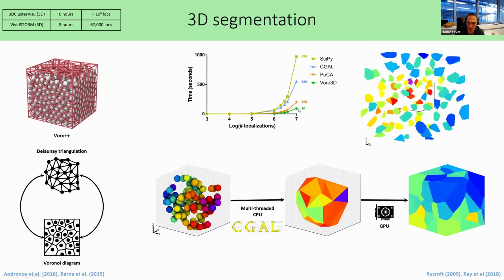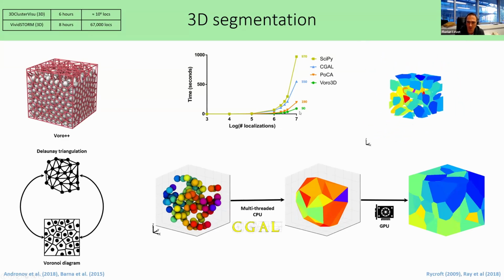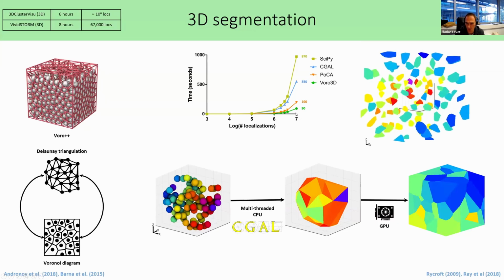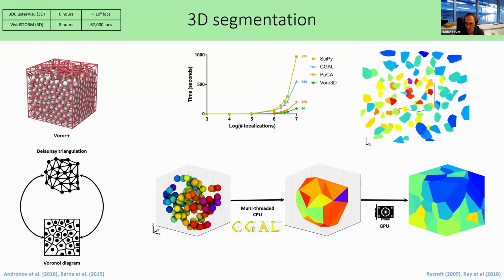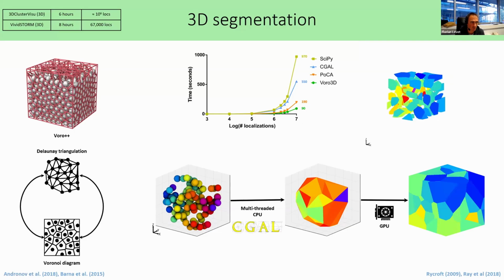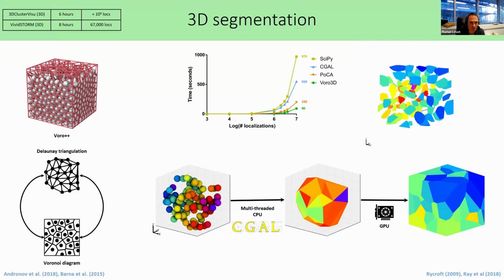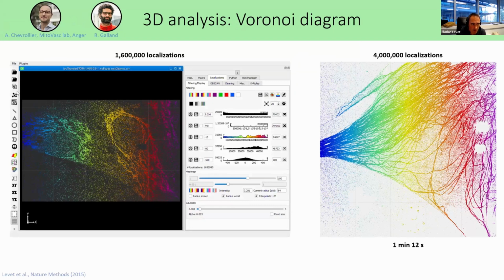You can see, for instance, that even in the million range of localizations, we are around 1 minute and 30 seconds for 1 million localizations. So very efficient. You can have your Delaunay constructed in a couple of minutes for huge data, and then you are able to do your segmentation. This is done in real time.